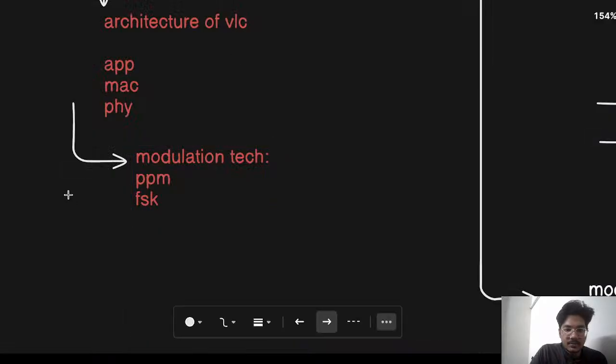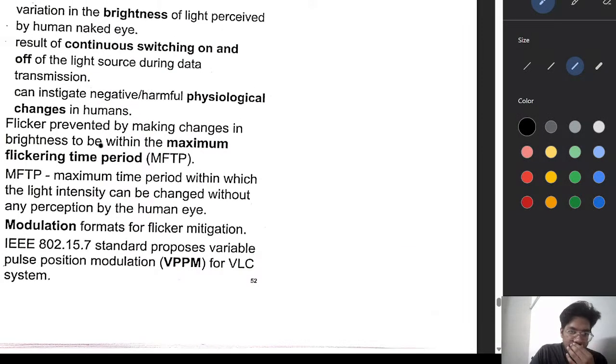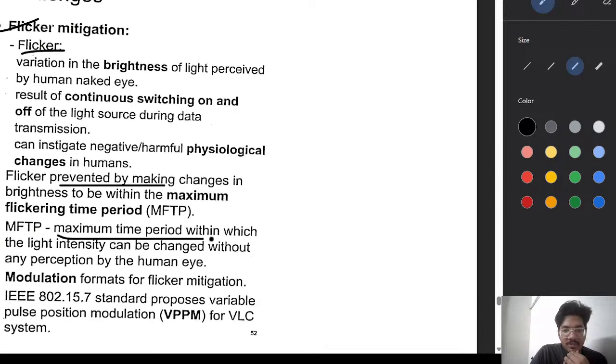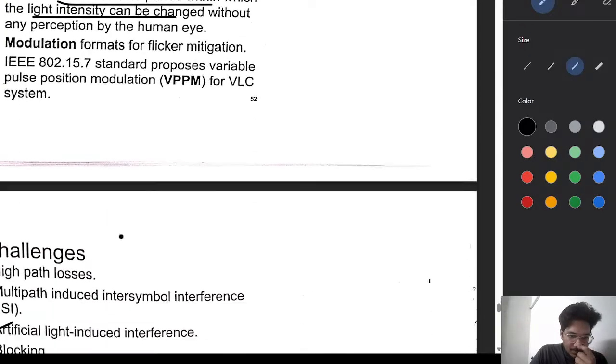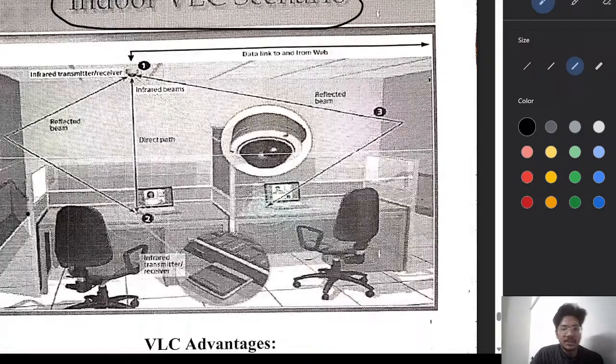After that we have completed the modulation part, then we have to see the challenges. The challenges are flickering, which is prevented by changing the brightness, the maximum time period within which the light intensity changes, modulation format and flicker mitigation. Then high path loss, multipath induced and artificial light induced interference. These are the challenges.